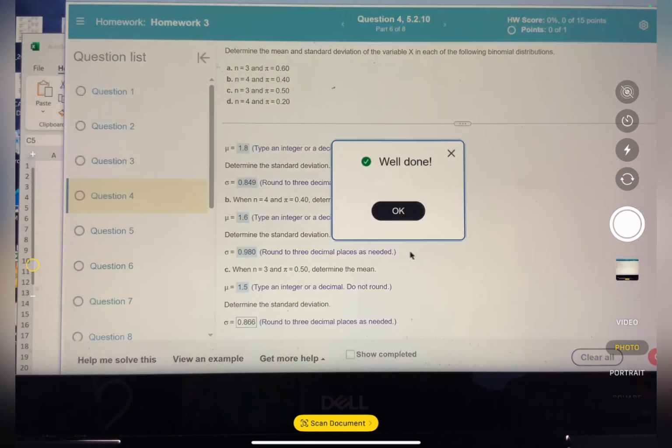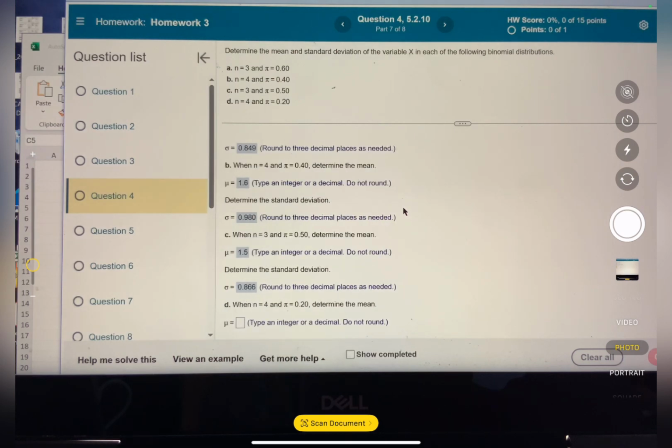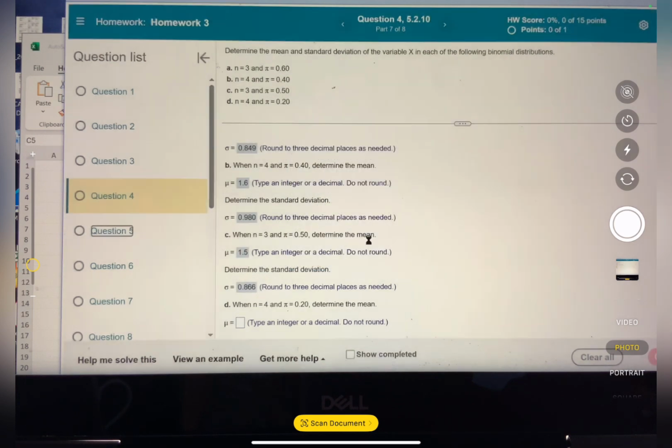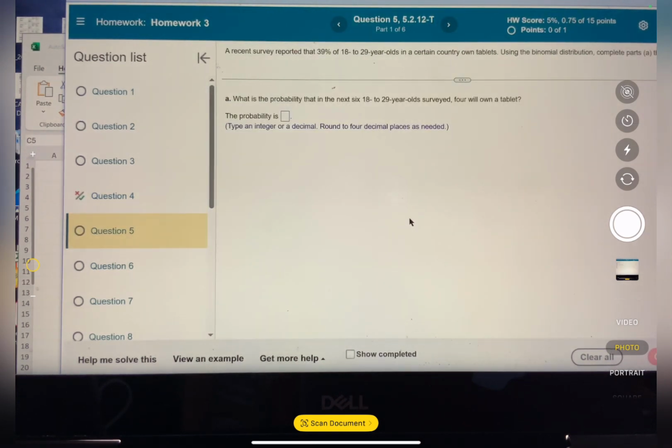And the fourth one, you can do it, right? I'm not going to continue the fourth one. All right, so moving to question number 5.